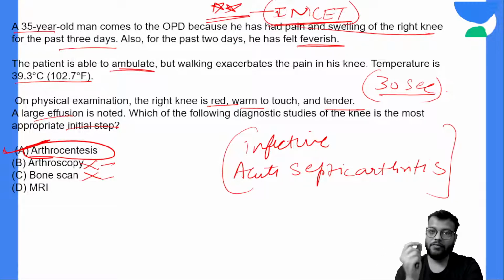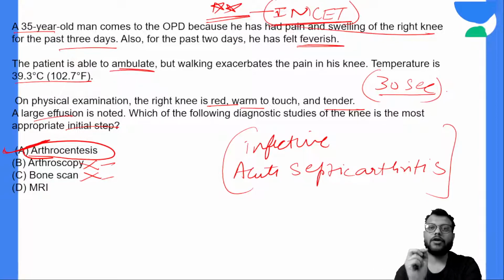So firstly you go for the arthrocentesis, you take the aspiration, you take the sample, you send it for the various investigations including culture and sensitivity, then you start the antibiotics, because without antibiotics the patient will not recover, and the pain and the acute signs of inflammation will not go.